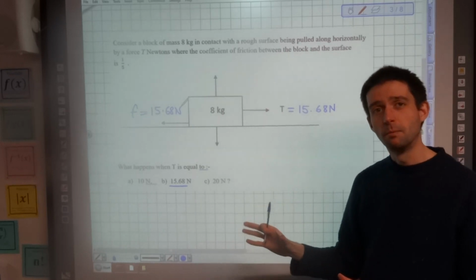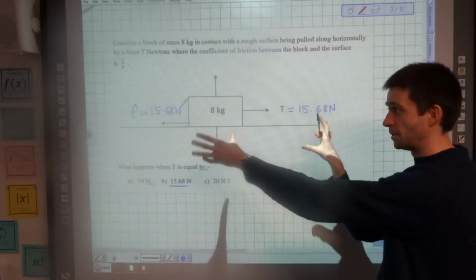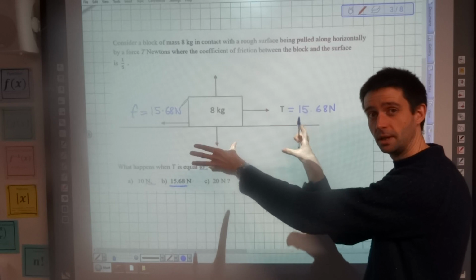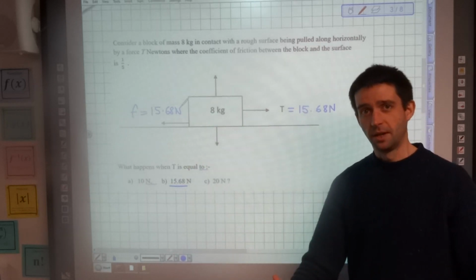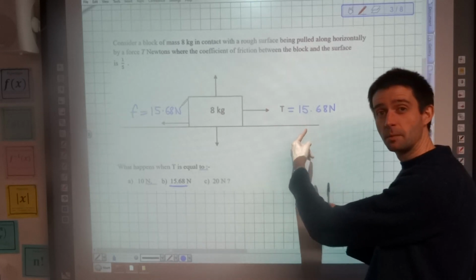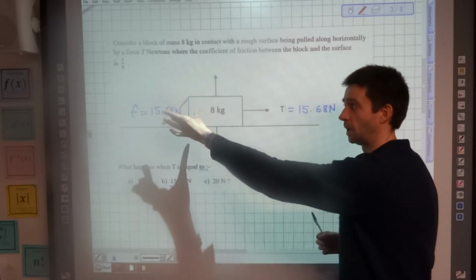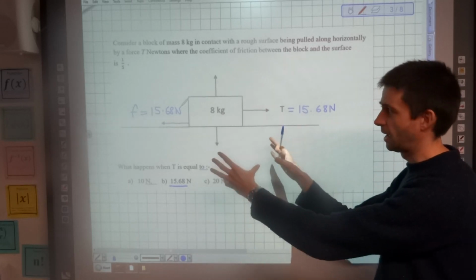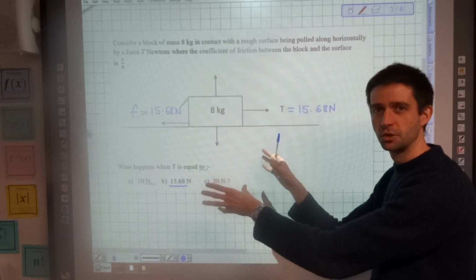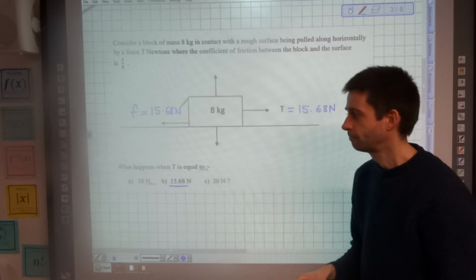At this point, the box is still in equilibrium, but we say that it is on the point of moving, because if this tension force goes up by any amount at all, it will overcome the force of friction and the box will start to move.